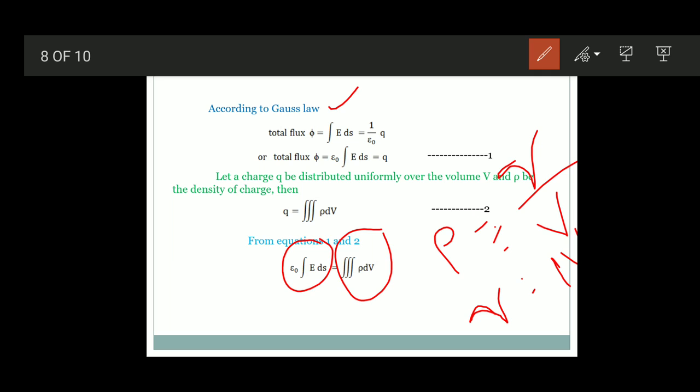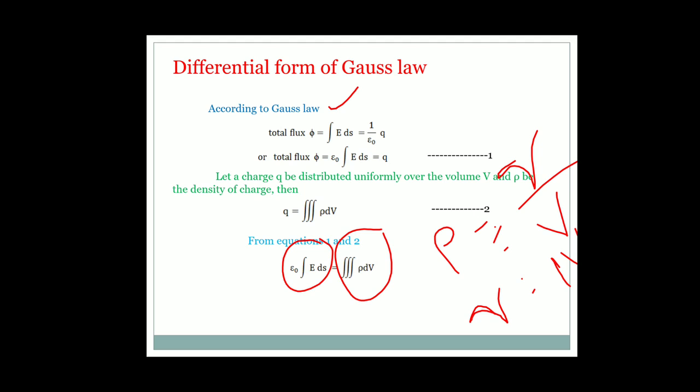So, I want to convert from volume integration to surface integration, or surface integration to volume integration. We know from degree first year the Gauss divergence theorem. By using the Gauss divergence theorem, we can convert from surface integration to volume integration, or volume integration to surface integration.